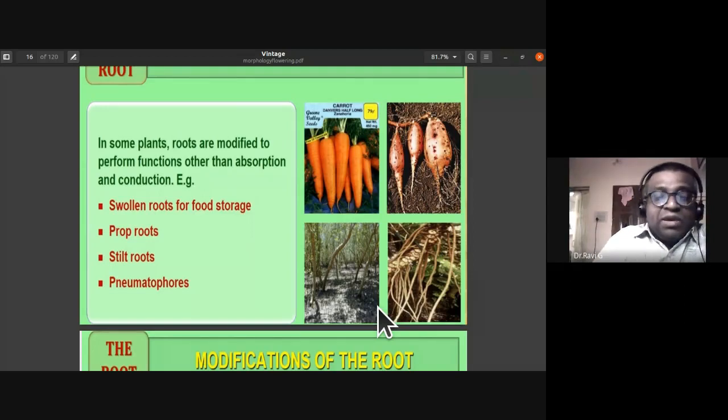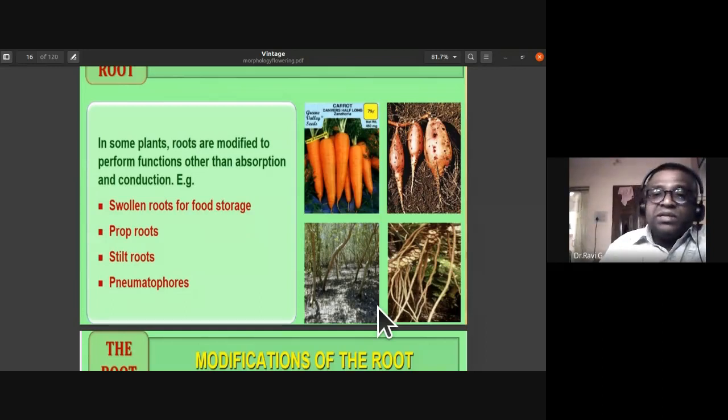So the oxygen level in this marshy soil is very low because it is difficult for oxygen to diffuse into such marshy soil, which has equal amounts of water and soil. As a result, the mangrove vegetation, the plants, have negatively geotropic roots. They arise above the ground, and these roots have numerous pores on them.